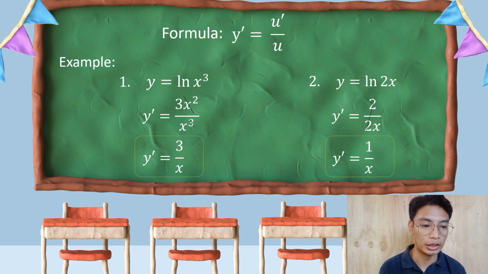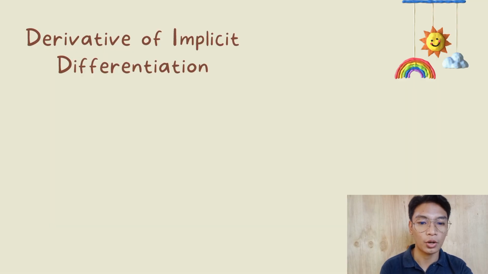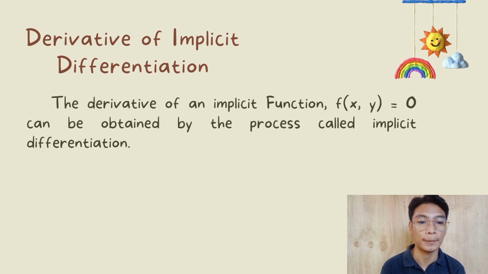the natural logarithmic function. So moving on, we will go to the derivative of implicit differentiation. In this derivative, we do not have a specific formula, but rather the derivative of implicit function f of x and y is equal to 0 can be obtained by the process called implicit differentiation.